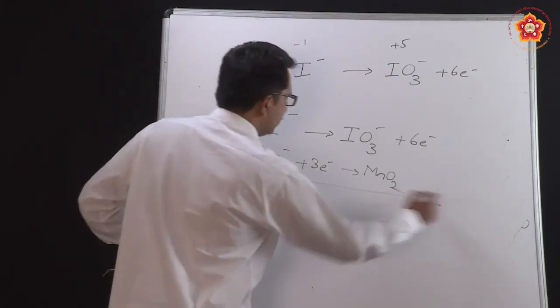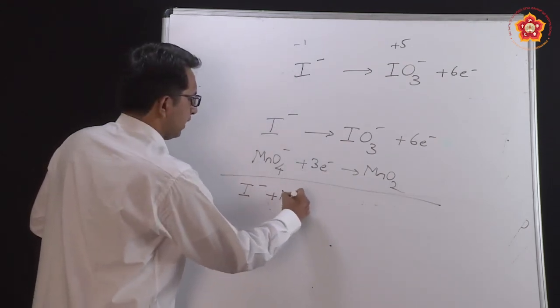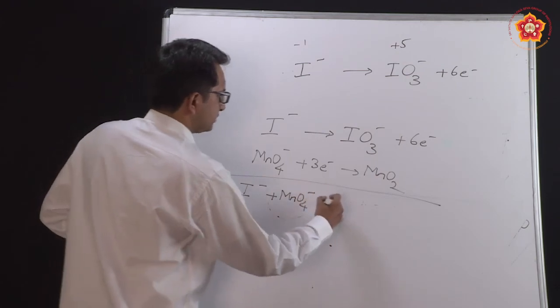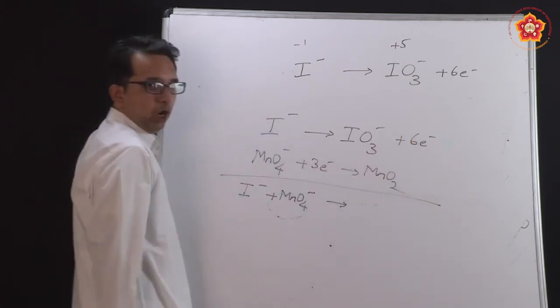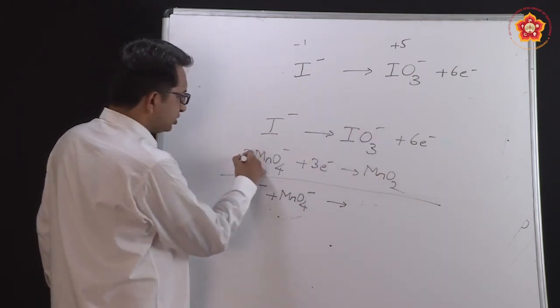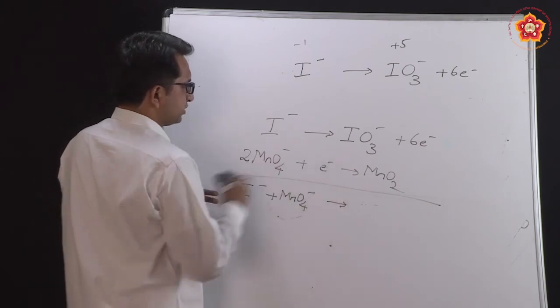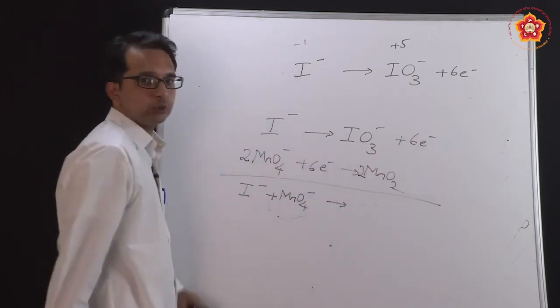So when I try to balance this reaction now, I minus plus MnO4 minus, this factor needs to be balanced now, because the same number of electrons have to be cancelled. So what can I do here? I can just multiply this entire reaction by 2. Once I multiply this entire reaction, electrons will be cancelled out.